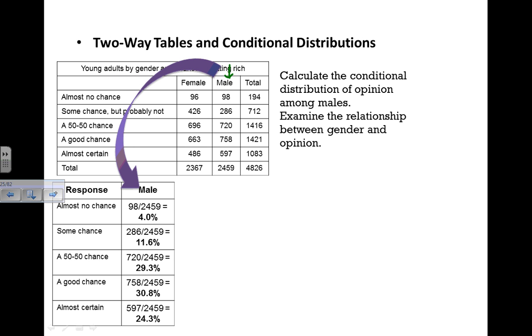All right, so here I can see that in the first one, almost no chance, there was a 98 out of just here, just the conditional, we're only taking it out of this total. So for conditional, we're just looking at the males according to their opinion of their chance of getting rich. So these guys right here would be the conditional distribution of that.